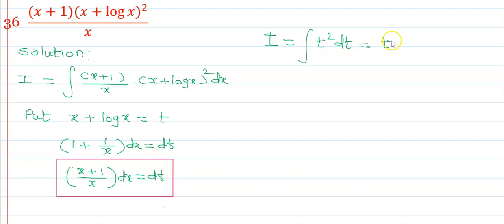Its integral is t raised to 3 upon 3 plus c, and hence I is equal to (x plus log x) whole raised to 3, and this whole divided by 3 plus c. And this is the answer.